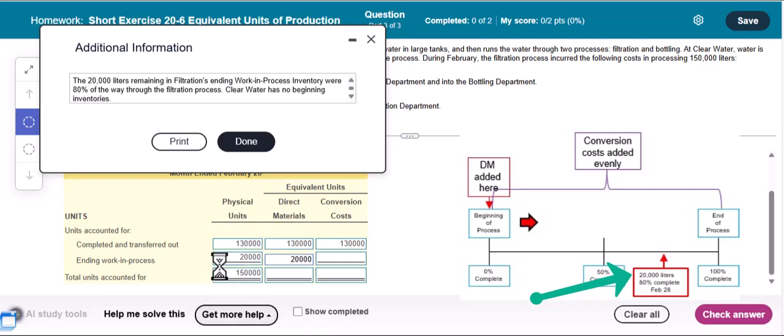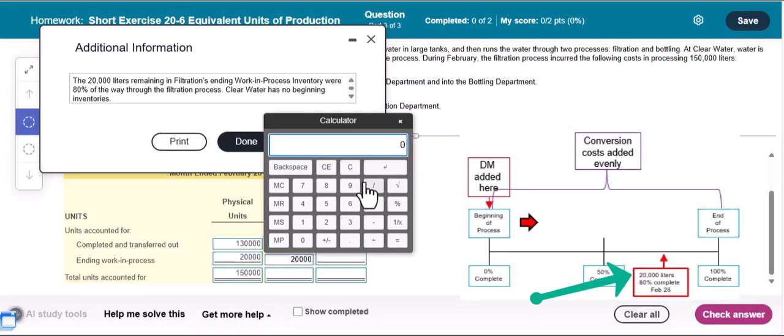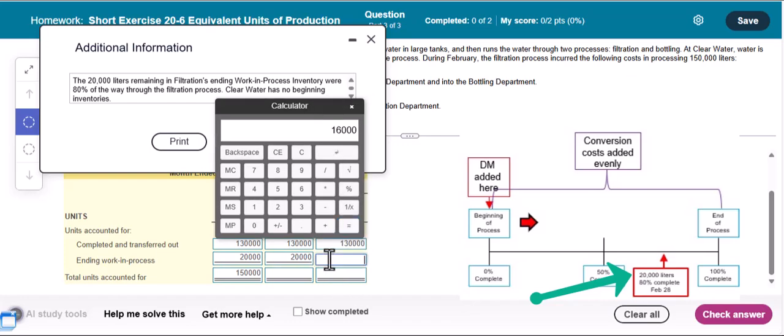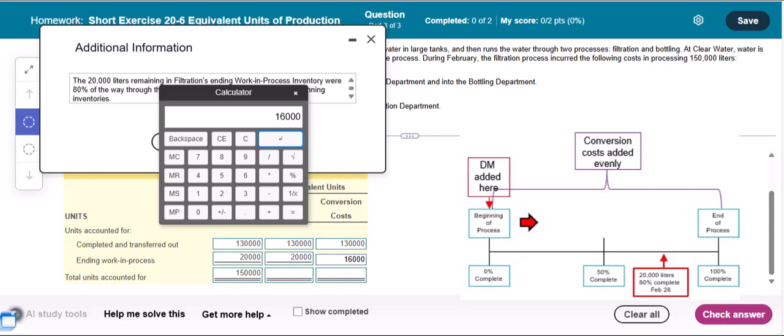Let's go ahead and open a calculator. That's going to be 20,000 times 80%, and that's going to give us 16,000 liters for the conversion costs that are part of this ending work in process. So it's the same as saying 16,000 complete liters had conversion costs added to them.